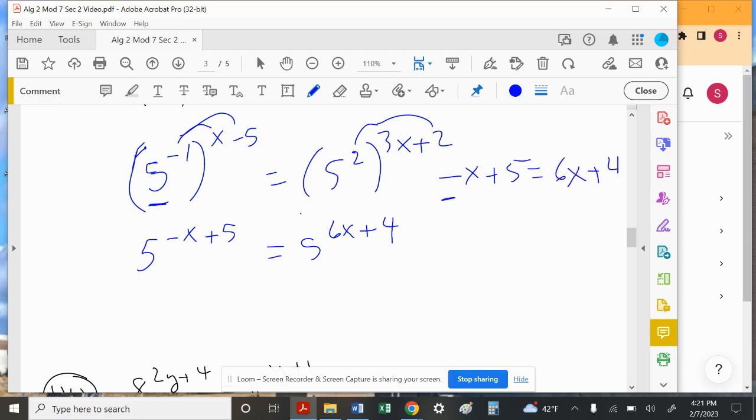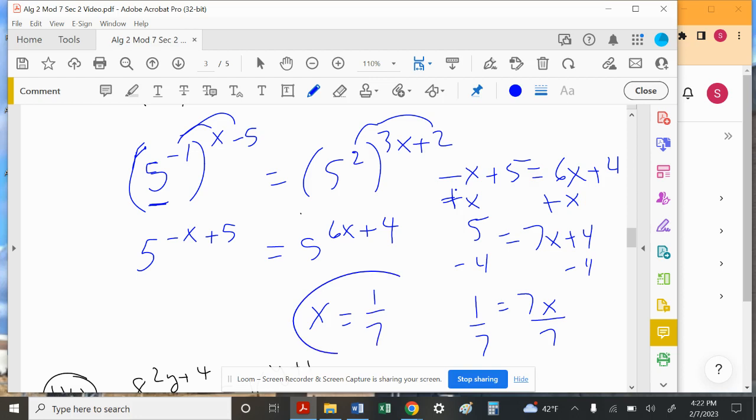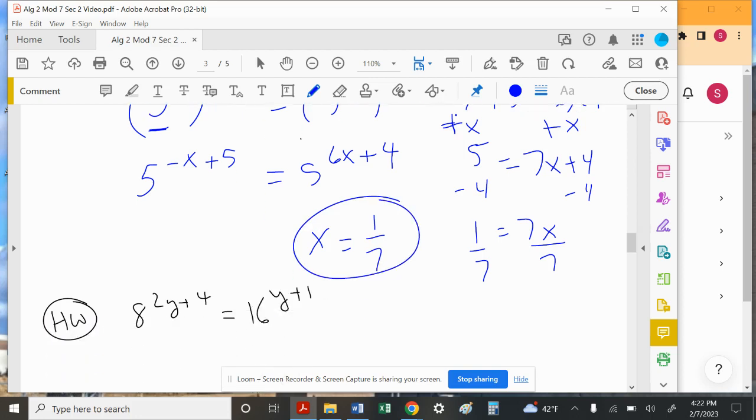I then am going to add x to both sides. So I get 5 equals 7x plus 4. Subtract 4 from both sides. Get 1 equals 7x. Divide both sides by 7. And x equals 1/7. So that would be my answer there.